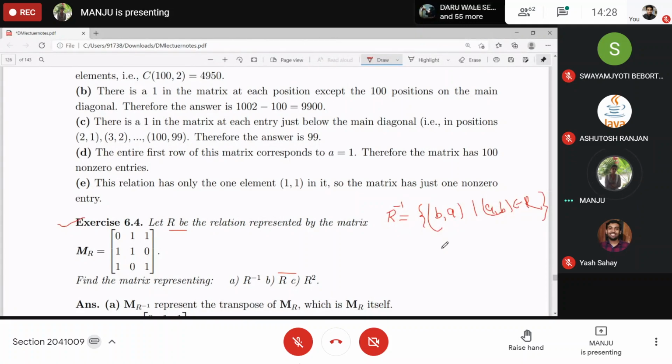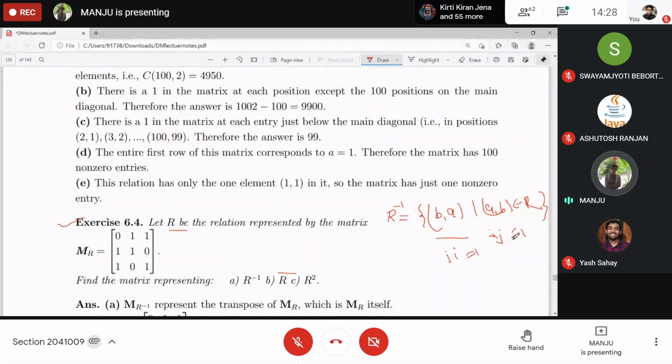Now, if A comma B is present in R, B comma A is present in R inverse. This means if the ijth entry is 1 in MR, then the jith entry should be 1 in MR inverse, right?